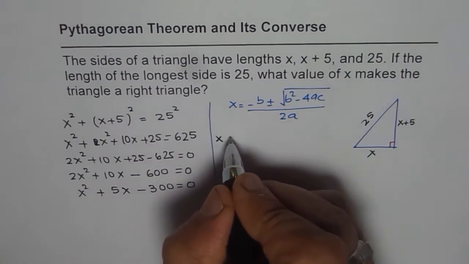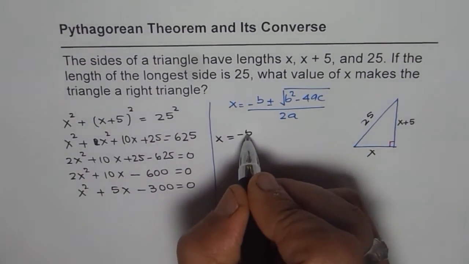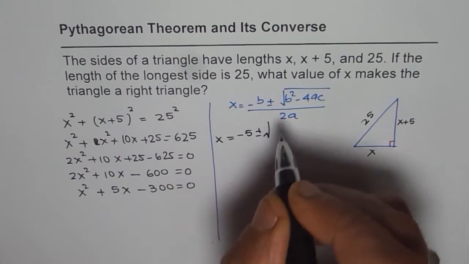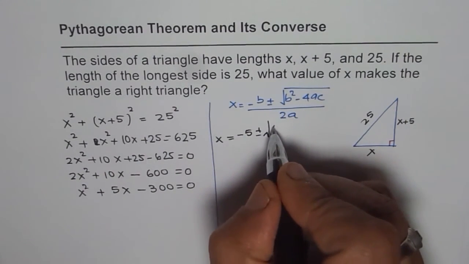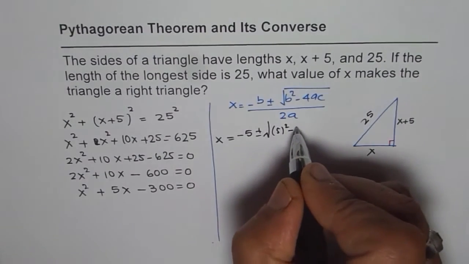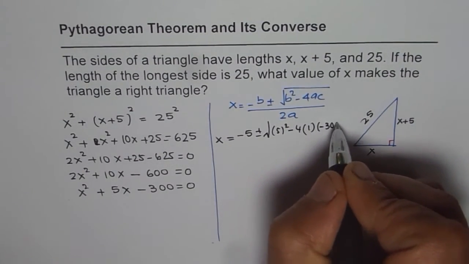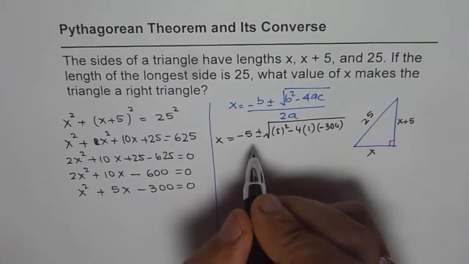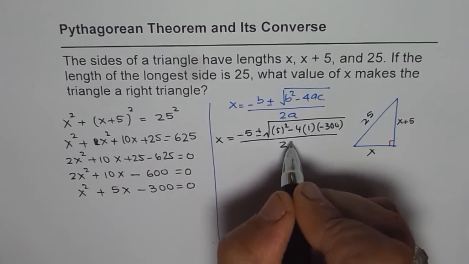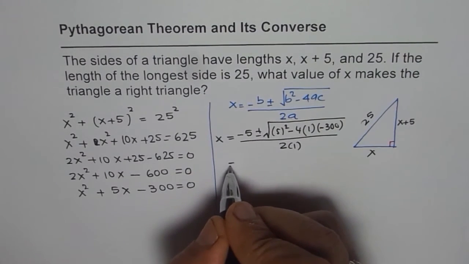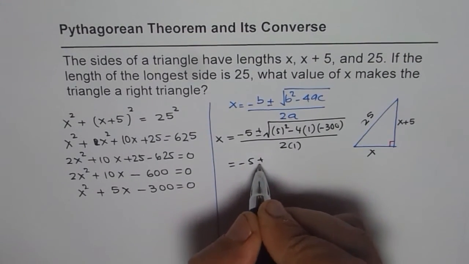So we get x equals minus 5 plus minus square root of b square, which is 5 square, minus 4 times 1 times minus 300 within the square root, divided by 2 times 1. So now we can actually use a calculator and solve this, right?